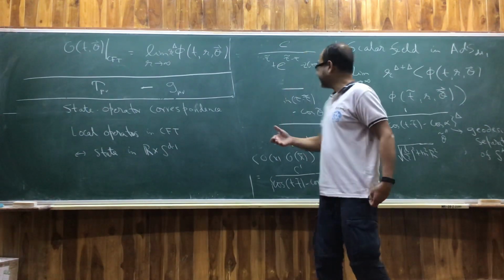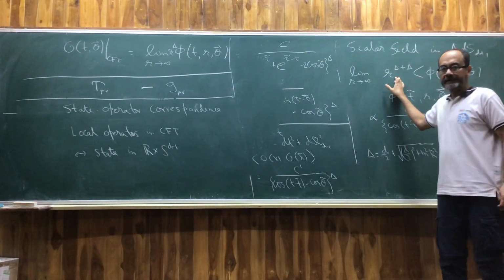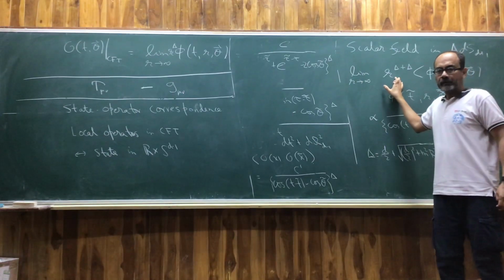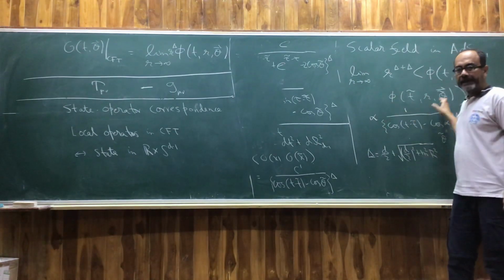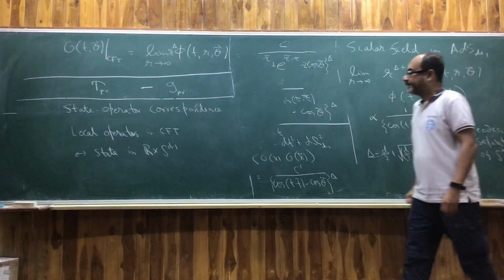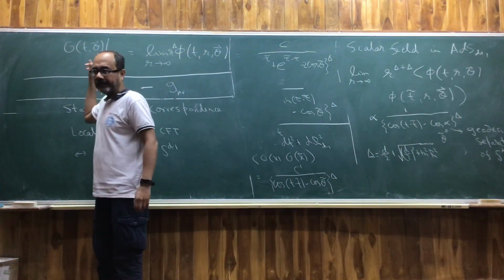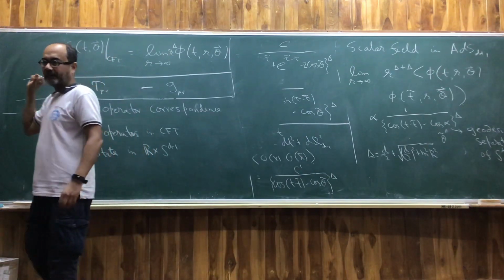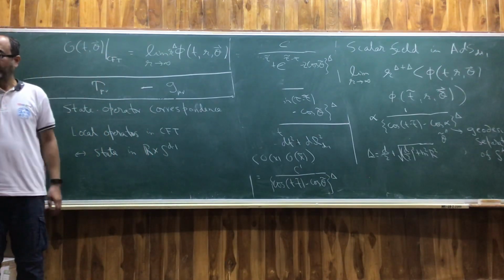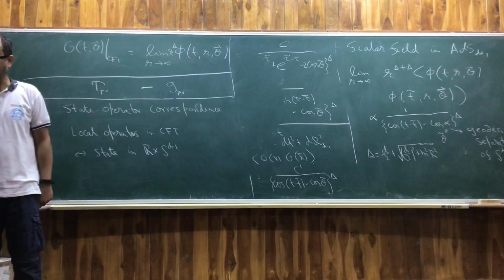That factor is exactly this, and one can check. So that's why the SO(d,2) transformation of this is the same as the SO(d,2) transformation of the correlation functions of O. This you can check mathematically by simply comparing the way the two sets of correlation functions transform.